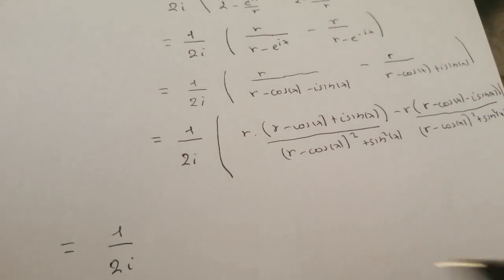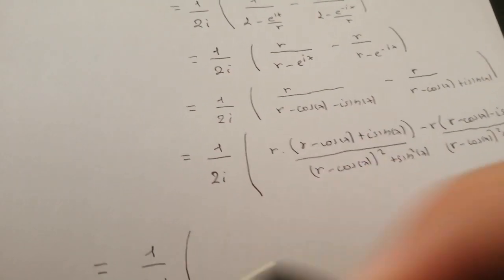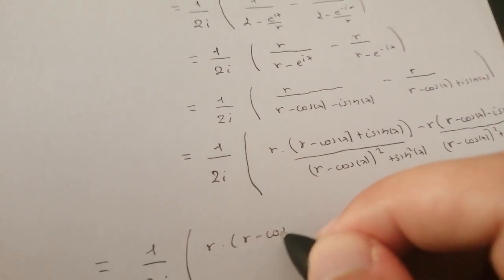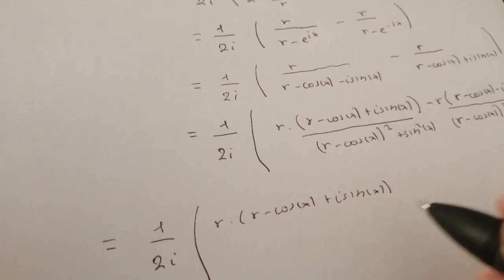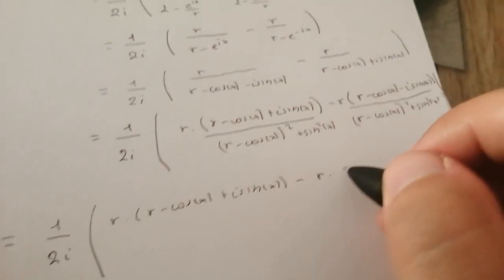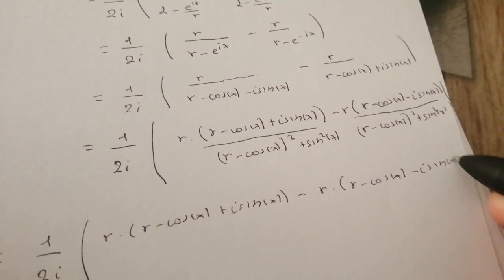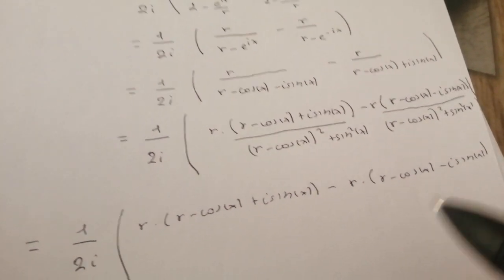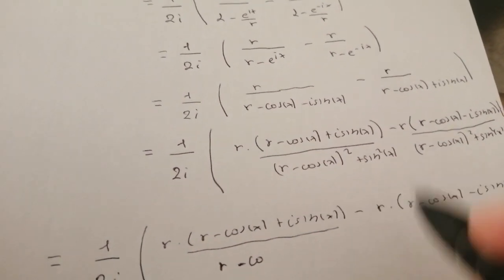Now let me rewrite this in a more concise way, because here it is not very convenient. So this is r times (r minus cos x plus i sin x) minus r times (r minus cos x minus i sin x), and we have this denominator over here.